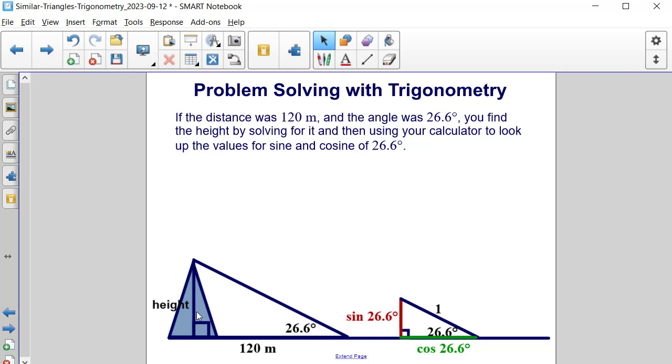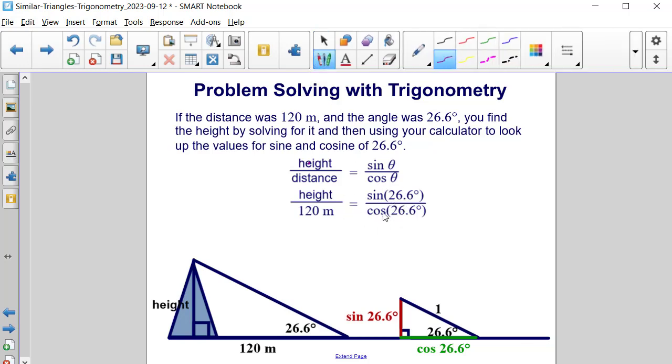So we're going to have height over 120 meters is equal to sine of 26.6 degrees divided by cosine of 26.6 degrees. So again, height over distance equals sine of theta over cosine theta. And then if we substitute those values in, we get this exact ratio that was stated.